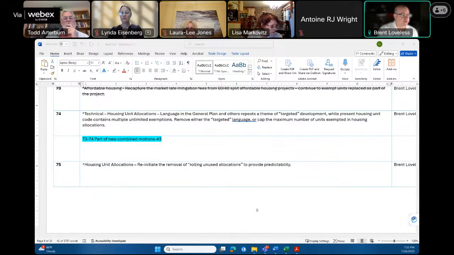The request is to remove the language of targeted from our housing unit allocations, or to the other extent, if we are actually targeting a particular number, to put caps in place in the housing unit allocations to make that the maximum of what we can produce. I would suspect most of the development minded would want to go with the leaner side of removing the targeted language, but it is misleading.